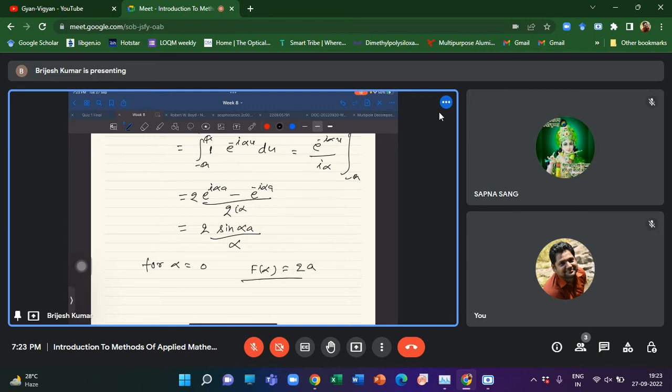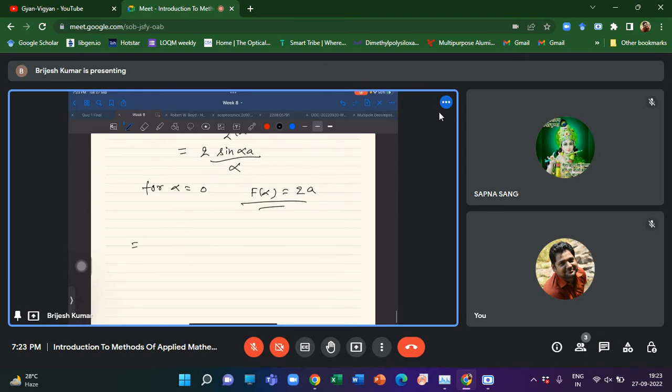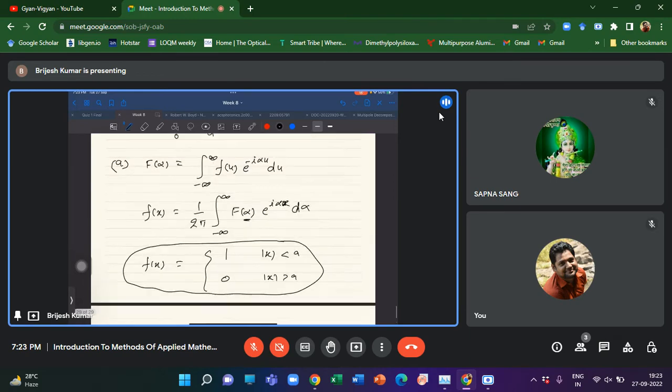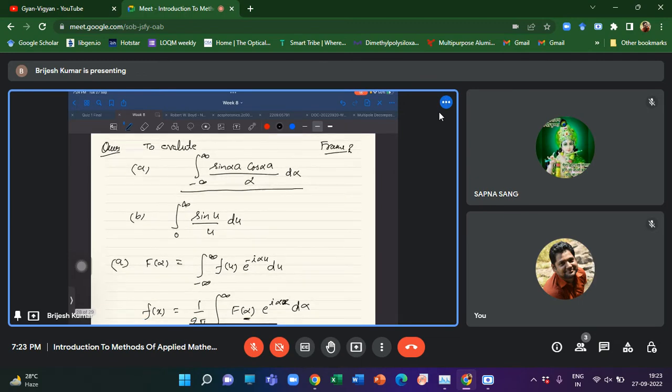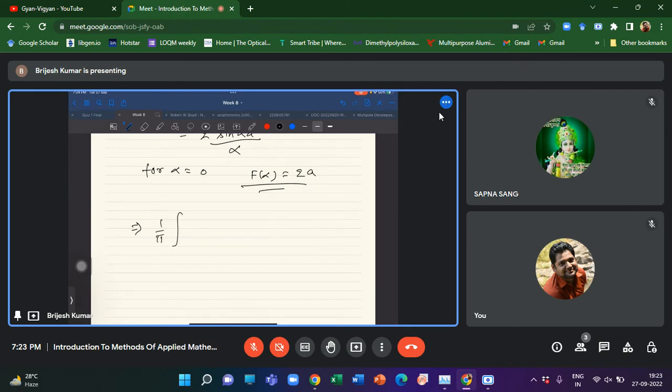So from this we have to find this function, right? So we can write 1 upon pi integration of minus infinity to infinity of sine alpha a upon alpha e to the power i alpha x d alpha.